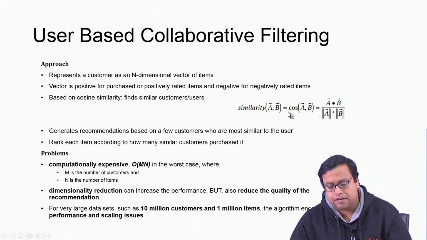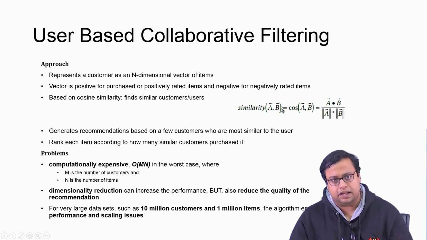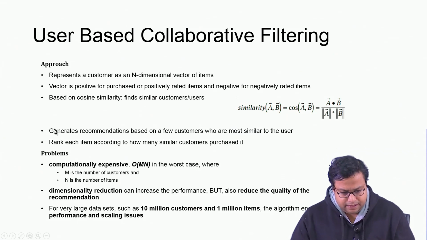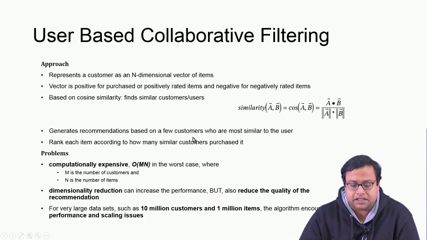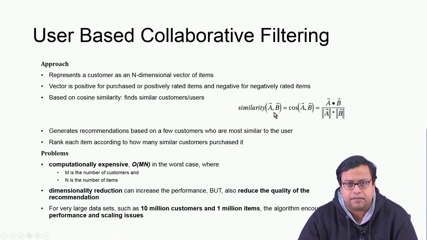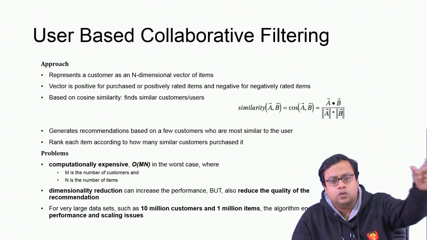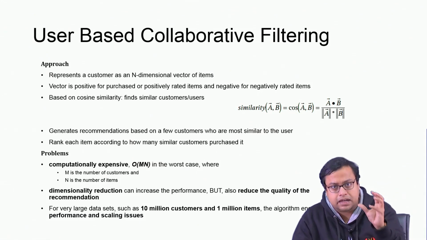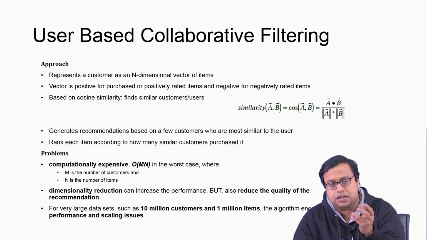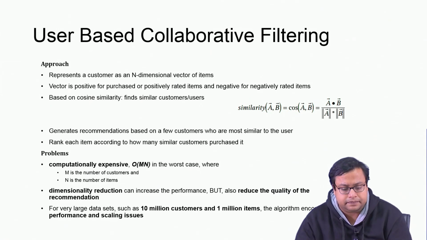So the similarity matrix is cosine, where I find out the cosine between the customers, and then generate recommendations based on a few customers who are most similar. If I am a customer and there are 10 other customers, I find out which of these customers are closer to me. The smaller the cosine, the closer they are to me.